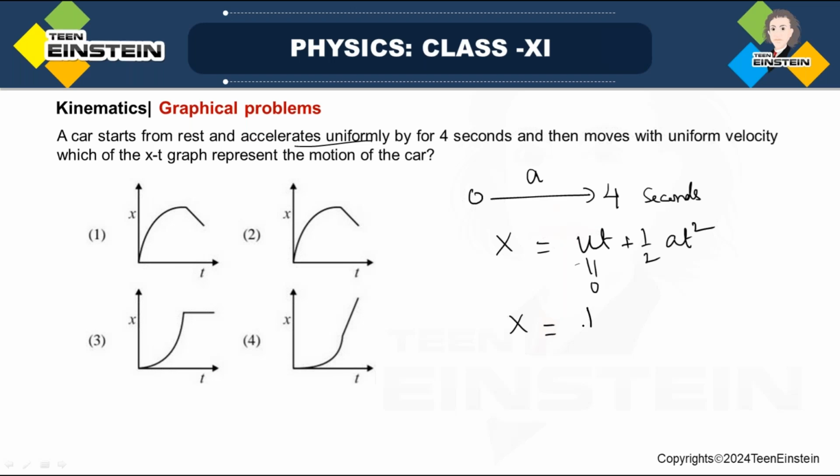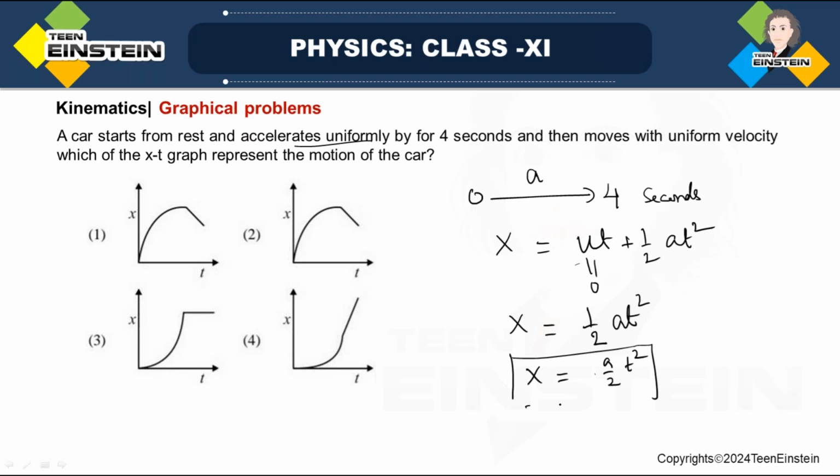Now if I have to plot, see here, we are getting t square, so x is equal to a by 2 t square. Let us say this is the y-axis, y, and this is some constant a, and this is x.